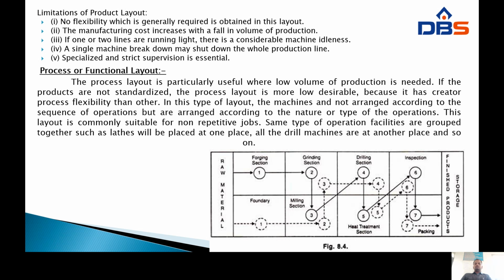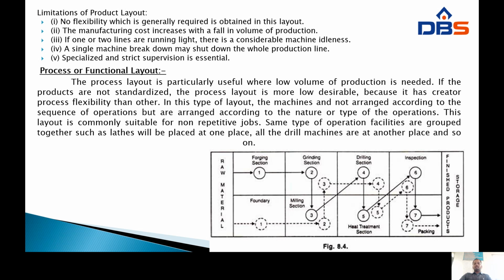In this type of layout, the machineries are not arranged according to the sequence of operation, but according to the nature of the operation. So the operation follows an irregular process.